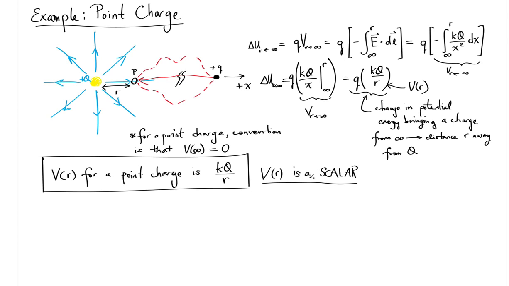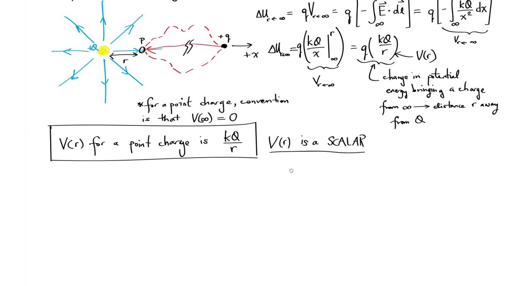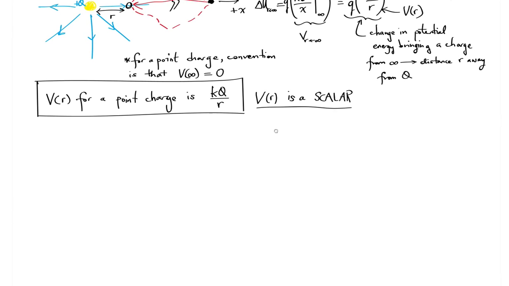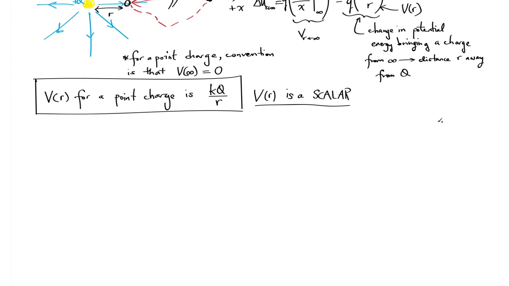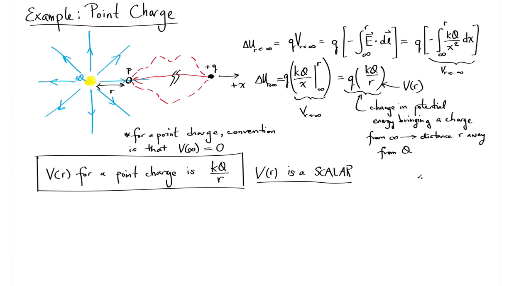So what I'm going to do now is to actually just draw what the V of R looks like. And again, the voltage is basically defined as the amount of energy it would take per unit charge to bring that charge in from infinity to some point R, right?